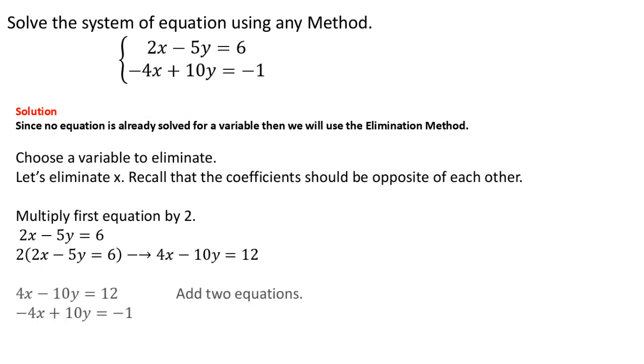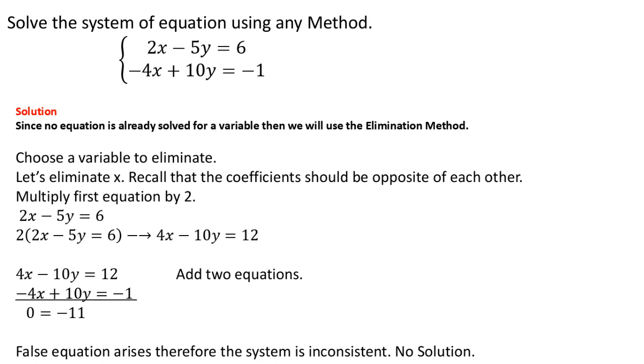So let's go ahead and add the two equations. I'm going to add 4x minus 10y equals 12 with negative 4x plus 10y equals negative 1. When I do this, my x is canceled, but my y is also canceled. So when I add the numbers, 12 minus 1 gives me 11, but 11 is not equal to 0.